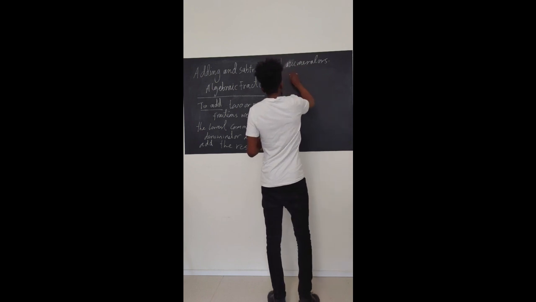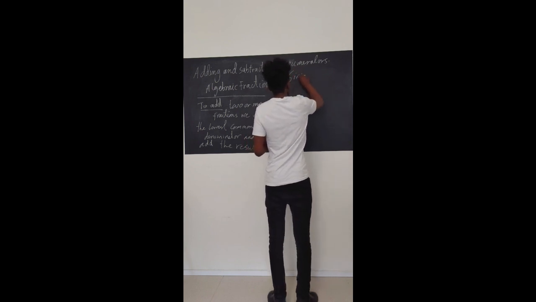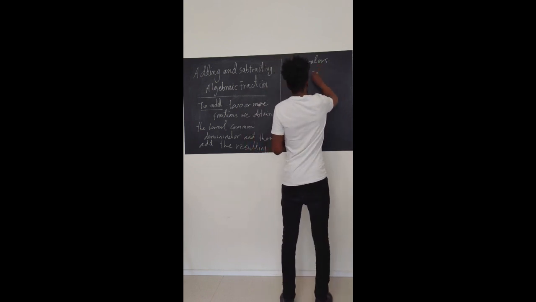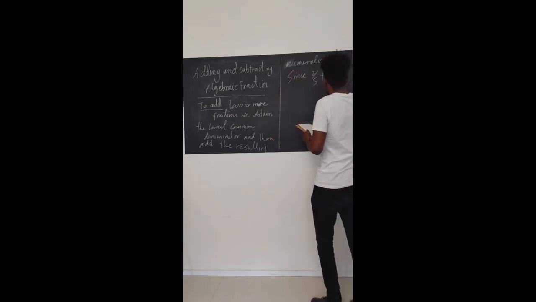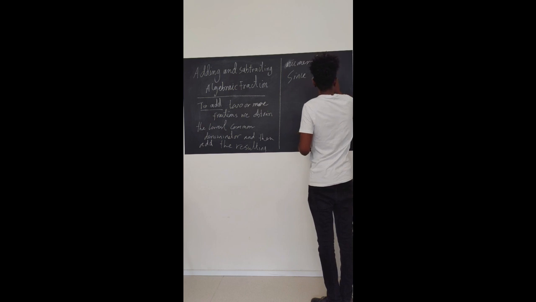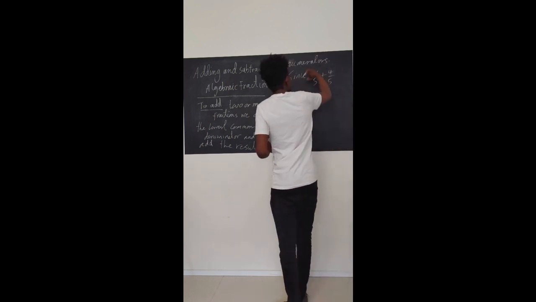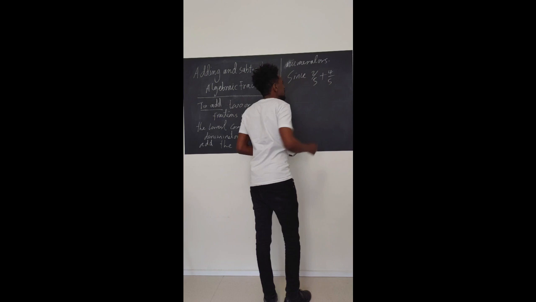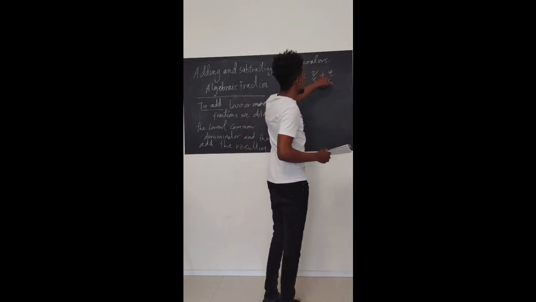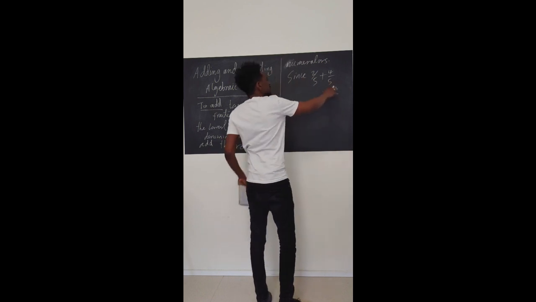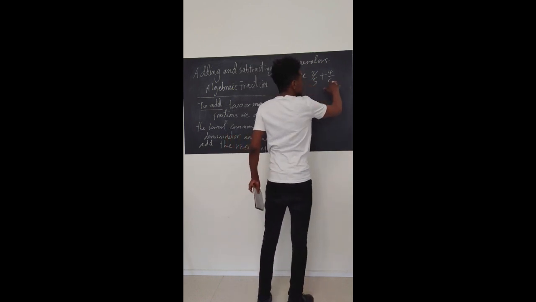Example, let's say 2 over 5 plus 4 over 5. As we said, this is a fraction and this is a fraction, and this is a numerator and this is a denominator, same for this. So what is the common denominator here?